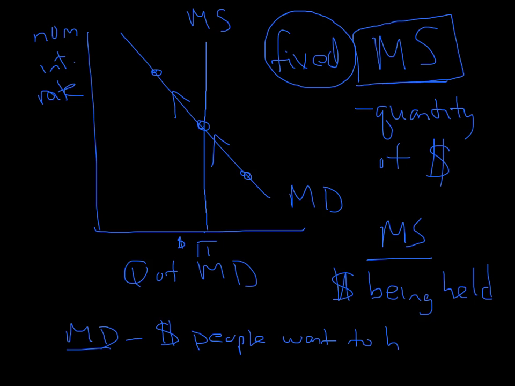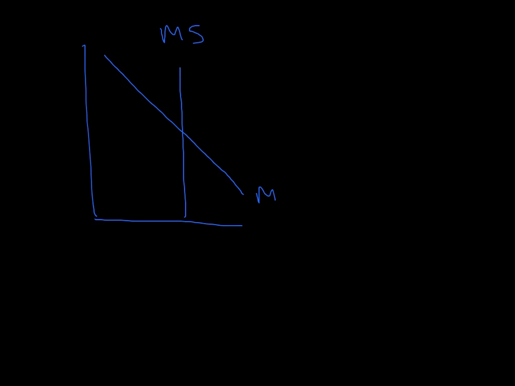So the money supply is what's actually being held, whereas the money demand is the amount of money that people want to have outside of the banks. We're going to see that it's a change in the nominal interest rate in the short run that's going to bring back equilibrium in the money market.